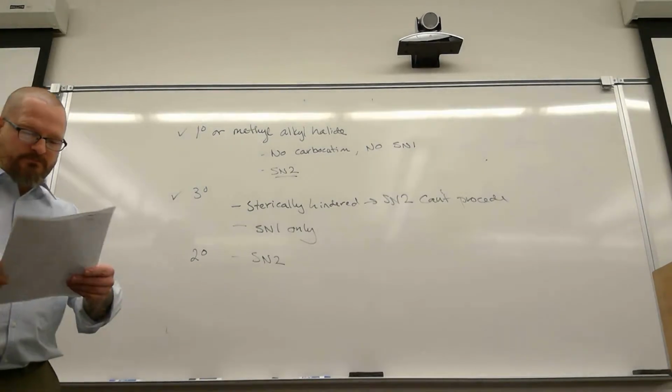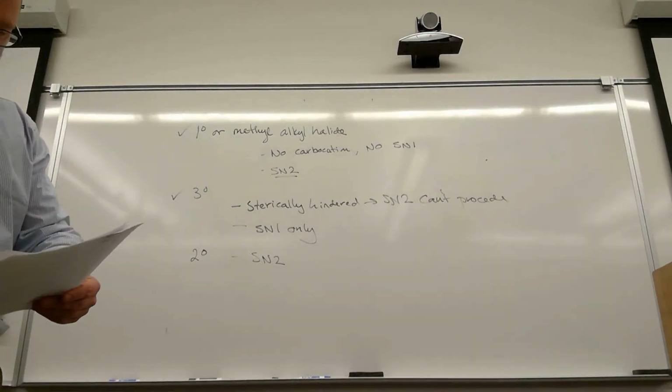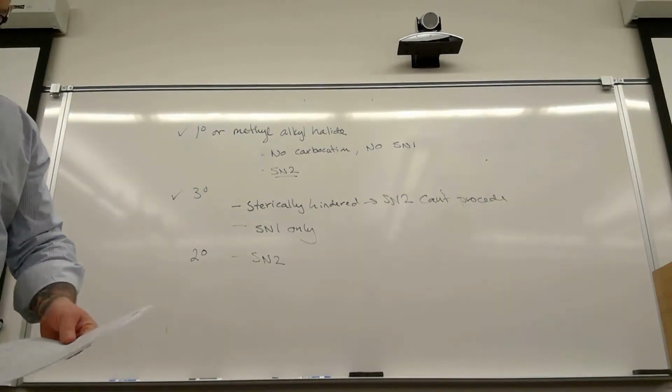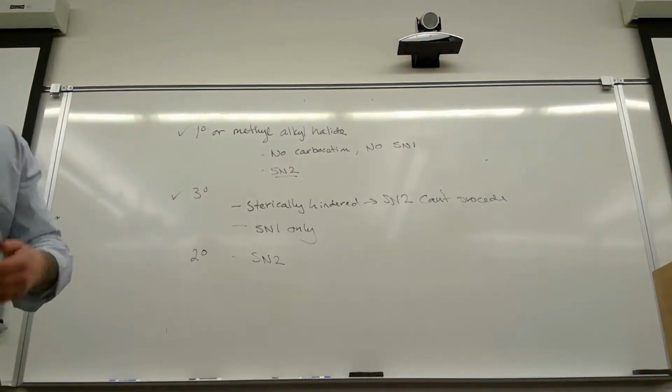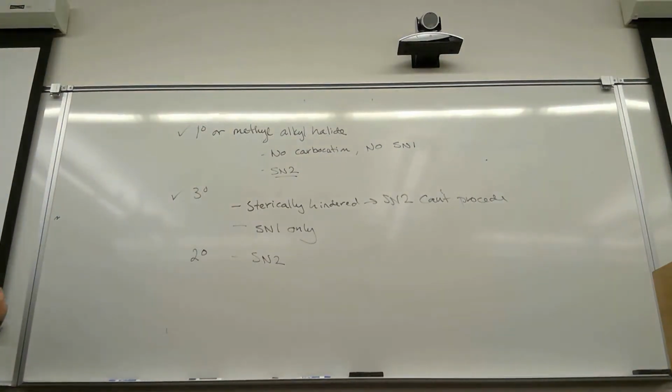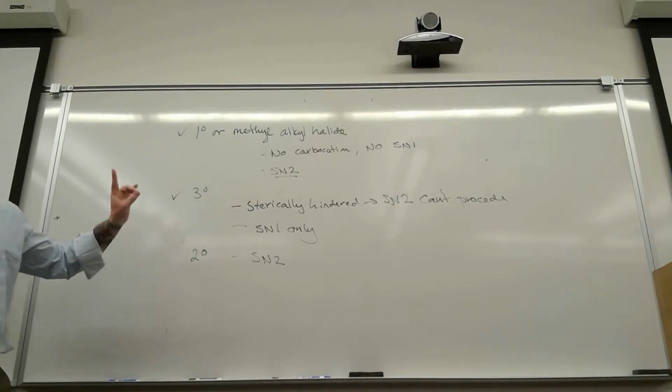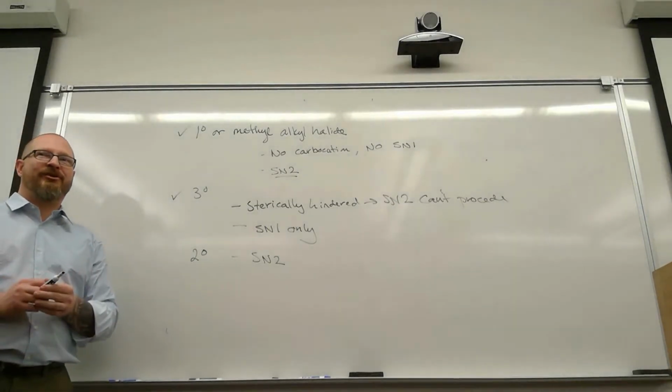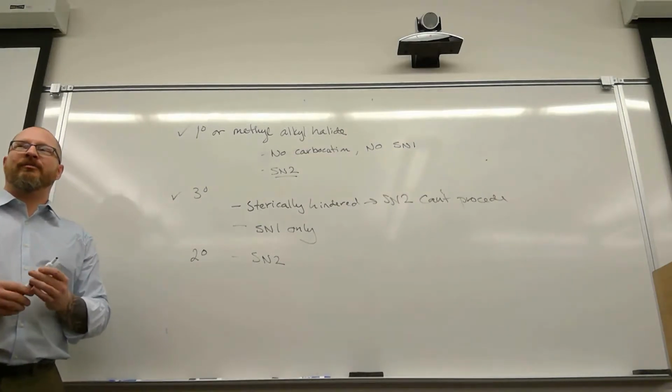Now, what's going to make this more complex is we're going to start doing elimination reactions. At the end of elimination reactions, we're going to have to decide, given a setup, whether something goes through an Sn2 or Sn1 reaction or an E2 or an E1 elimination. That's going to be more nuanced than this.